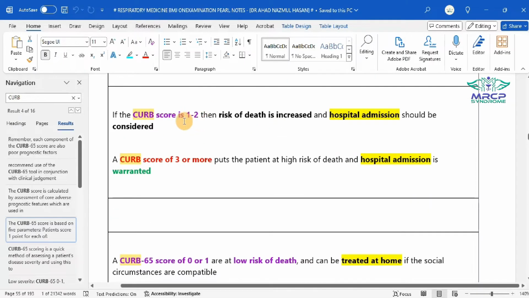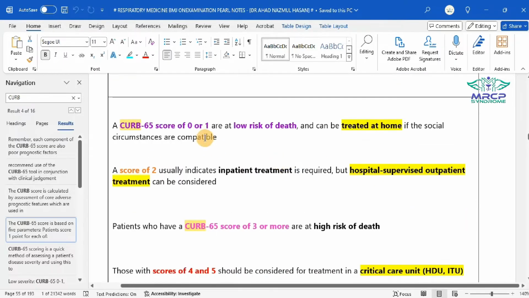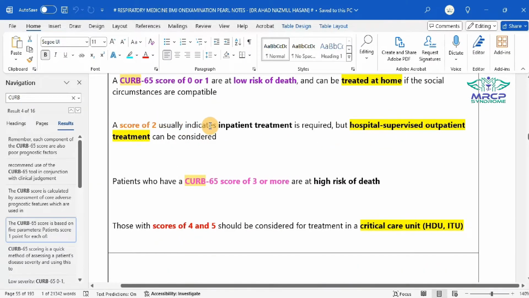Whenever the score is 1 to 2, hospital admission should be considered. And whenever the score is 3 or more, hospital admission is warranted. Score 0 or 1, you can go for home-based treatment. When the score is 2, you can go for inpatient treatment, or alternatively you can consider hospital supervised outpatient treatment.